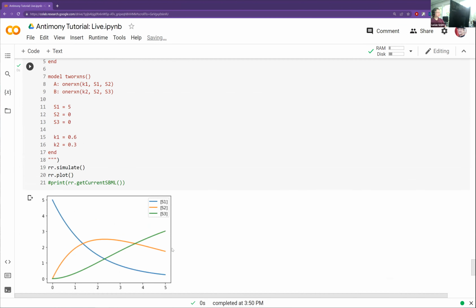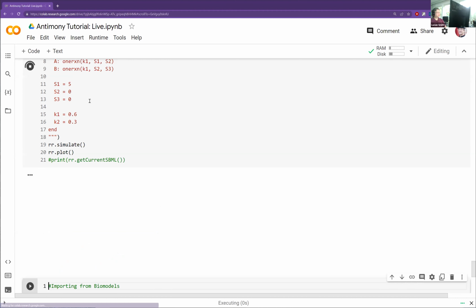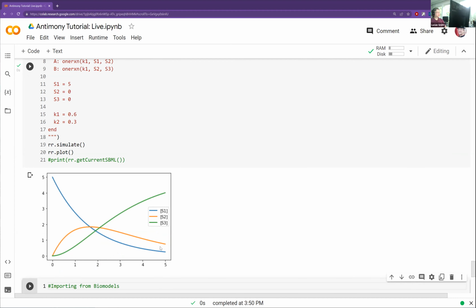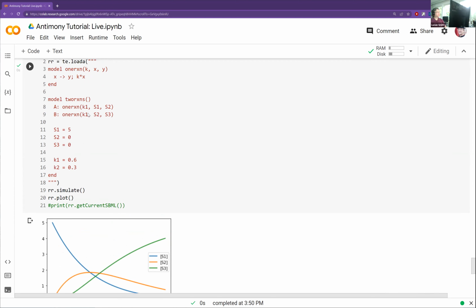Actually, that's interesting. So here, this goes back down to about 2. And if I change it to 1, yeah, it goes down a lot faster because now the second reaction has a much higher K value. So yeah.